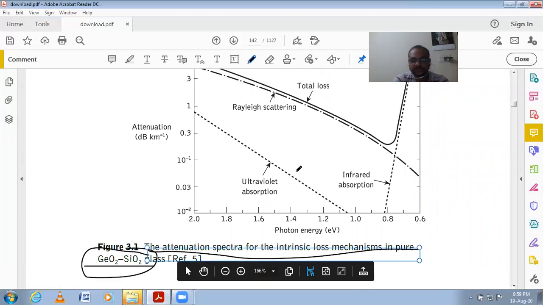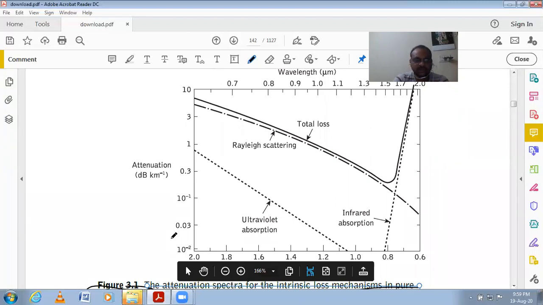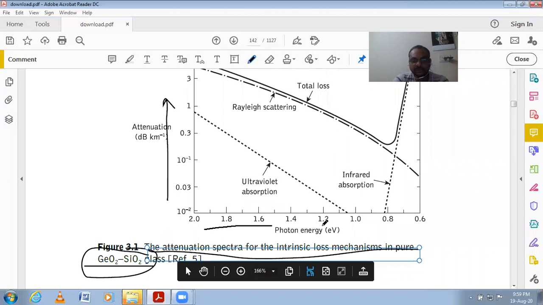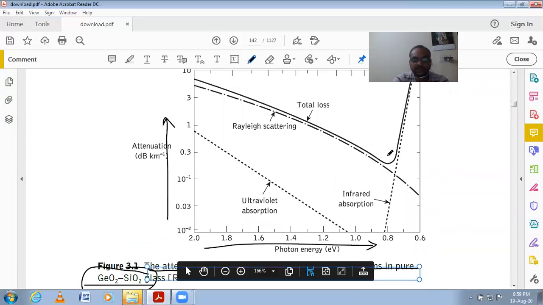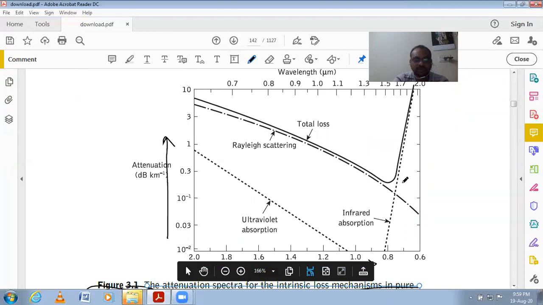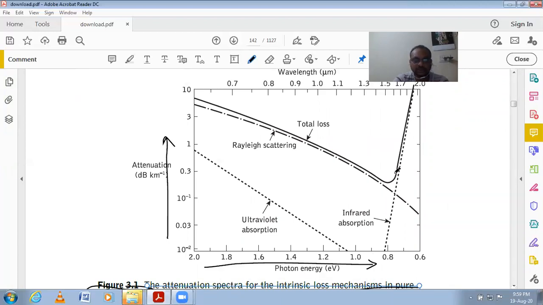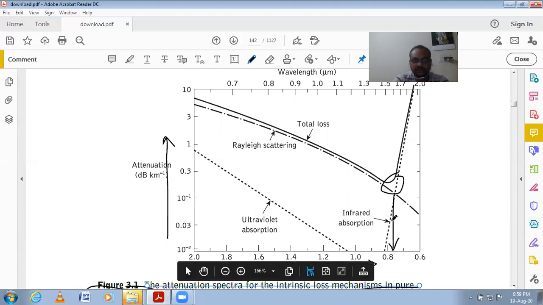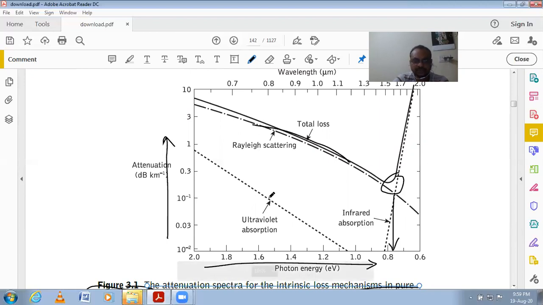You can see this is the attenuation in dB per kilometer against photon energy in eV. You can see the minimum loss or minimum attenuation in this region, infrared absorption here, and this is Rayleigh scattering. We will discuss ultraviolet absorption.